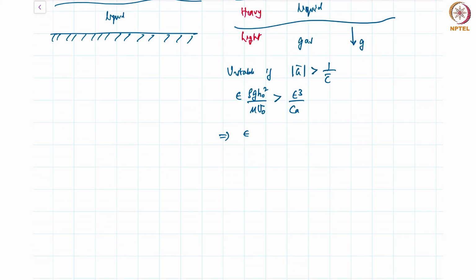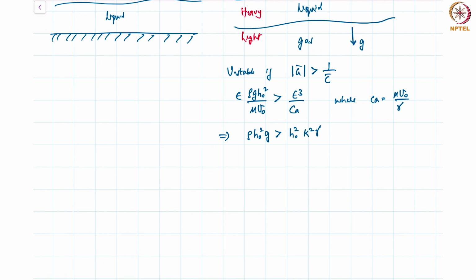What does this mean in terms of the dispersion relation? If we do some cancellations here and substitute the expression for capillary number, we end up getting a simple relationship: rho H naught square G is greater than H naught square K square times gamma.